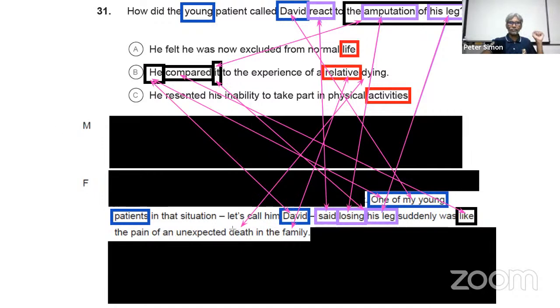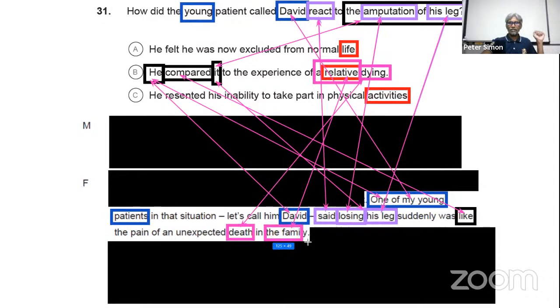So now death, dying, a relative, the family. Death in the family means death of a person in the family, means a relative.